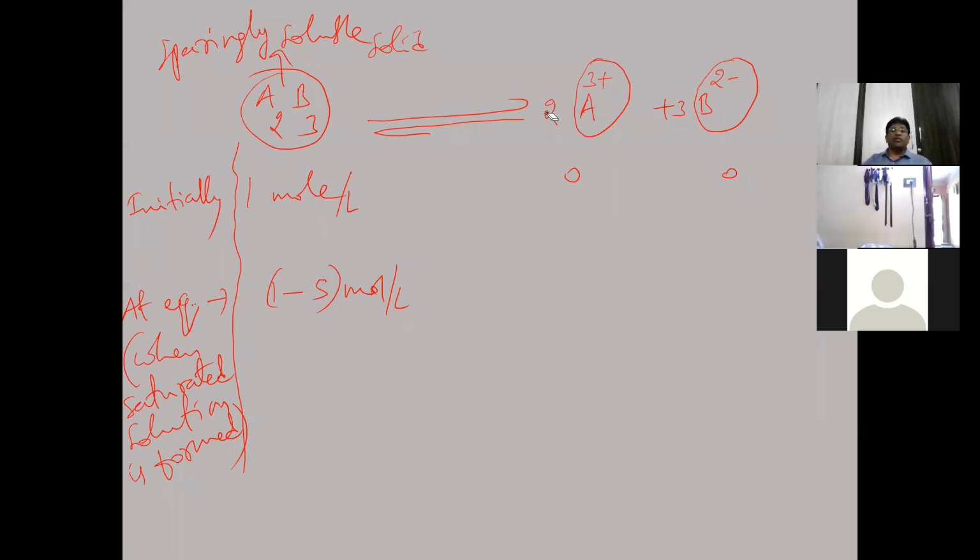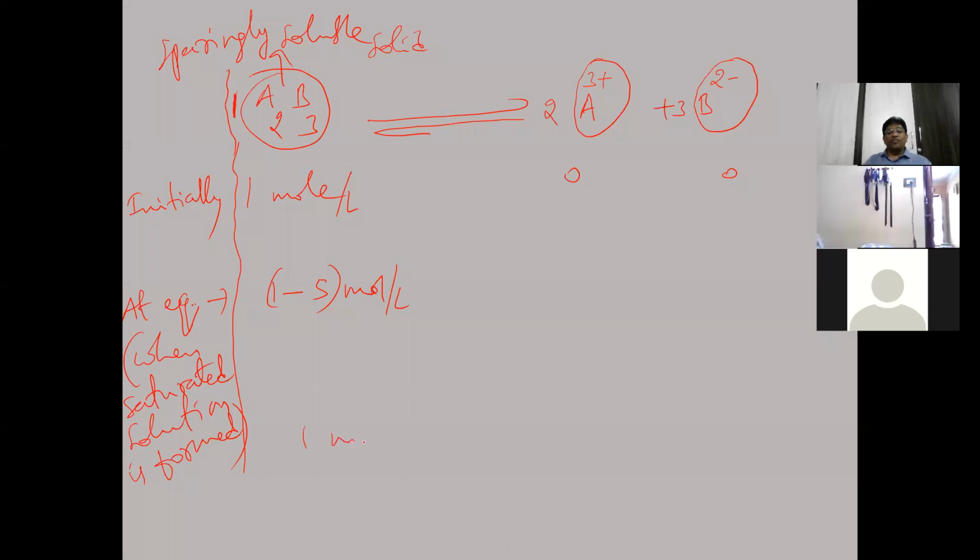So here how much will be forming? If 1 mole completely dissolves, 1 mole of A2B3 solid will give 2 moles of A plus 3 cations. But here how much dissolved? Only S dissolved.